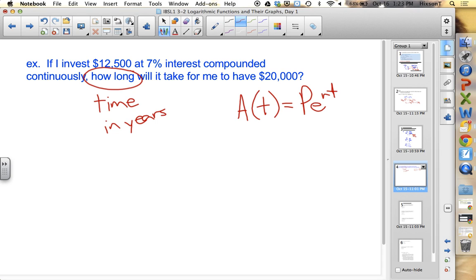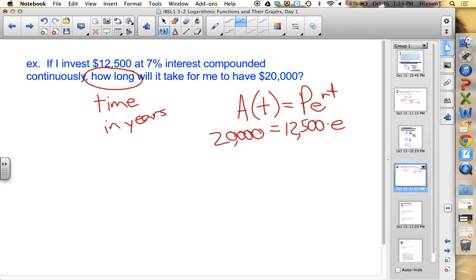Yes. And then what would that equal? Remember, that's a percent. It equals 20,000, right? That's the amount we want to reach. Our principal is 12,500, our starting amount, times e to the rt.